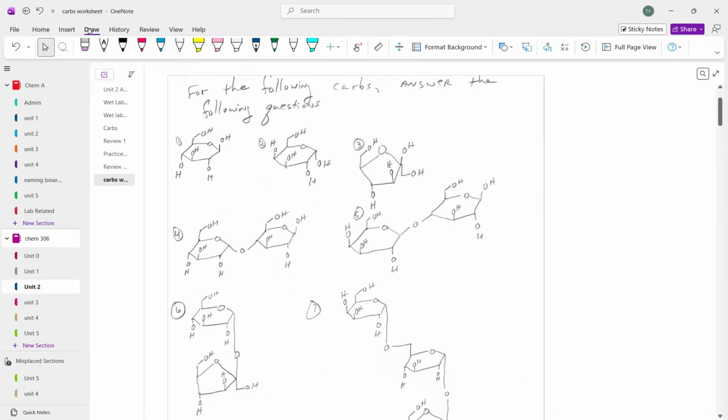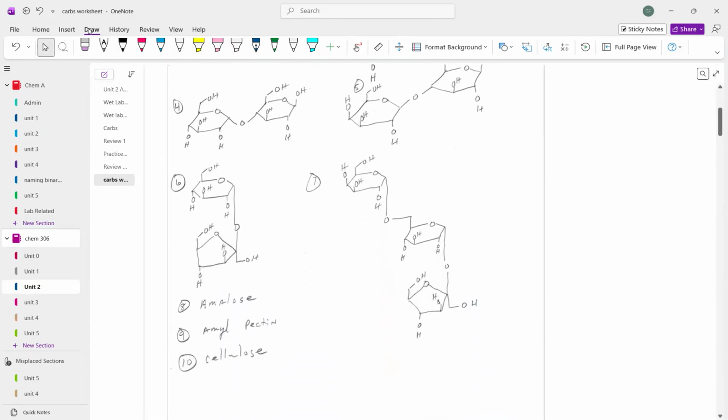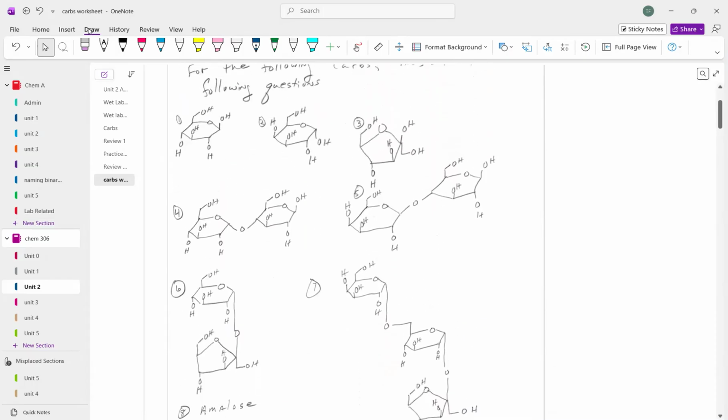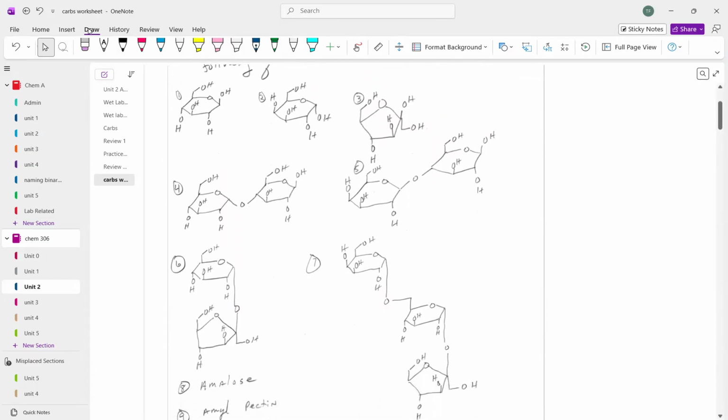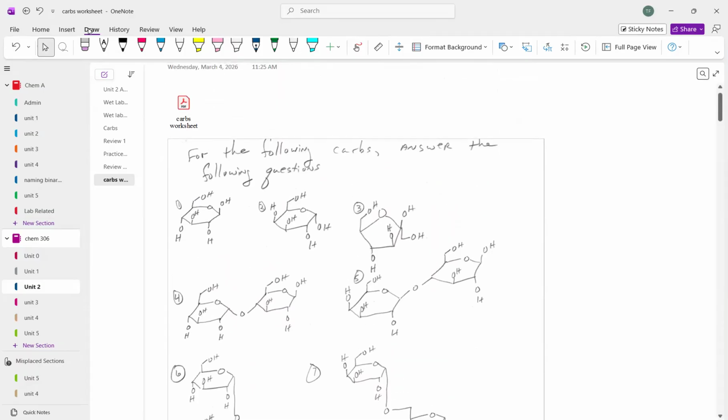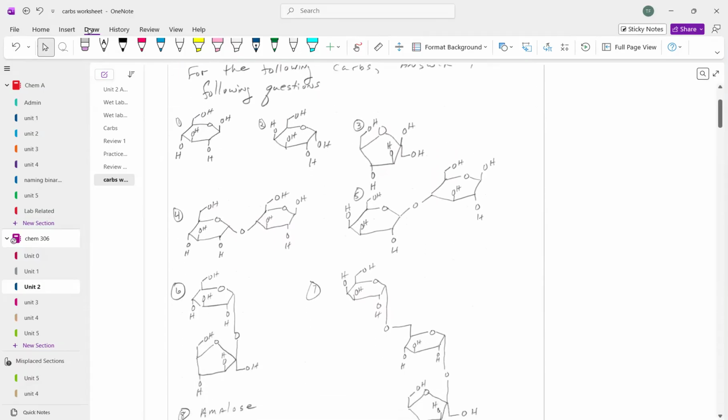Okay, so these are the carbs you need to know. This is a worksheet under Canvas files, Unit 2 worksheets, and it's called carbs worksheet.